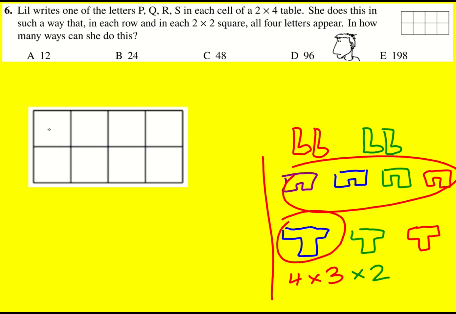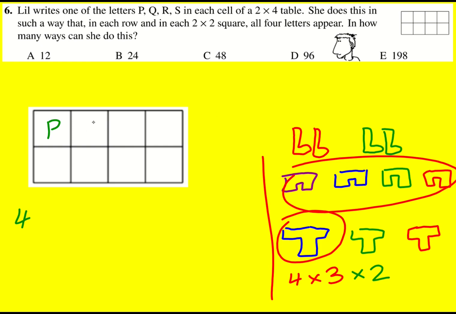Let's just pick our starting one, like here, for example. There's actually going to be four different possibilities for this. For example, I could pick P, Q, R, or S. So it's a little bit like I had four options for my shorts. Now, okay, they have to be in each two by two square and they have to be along each row.